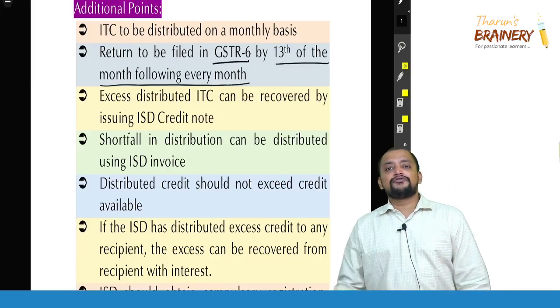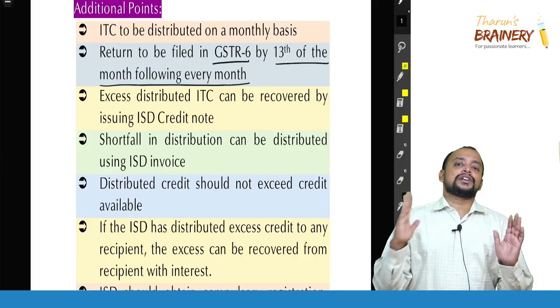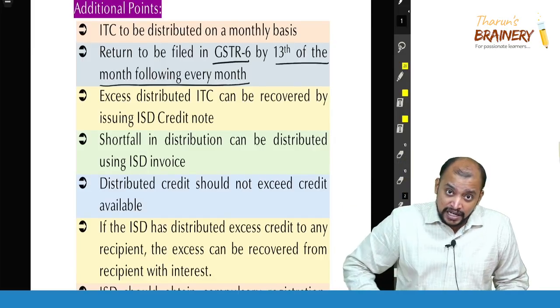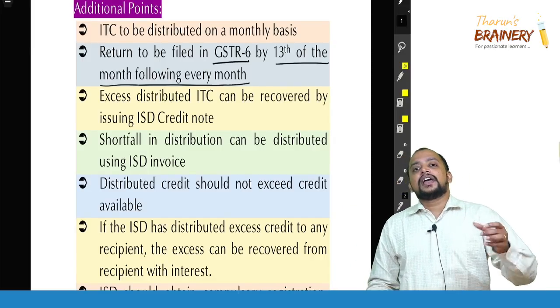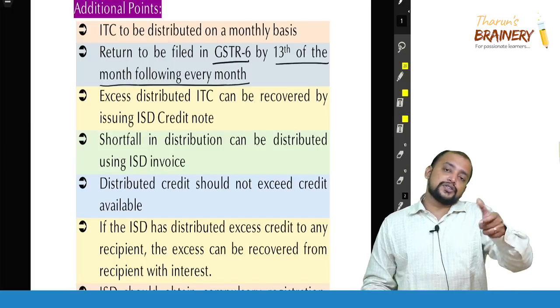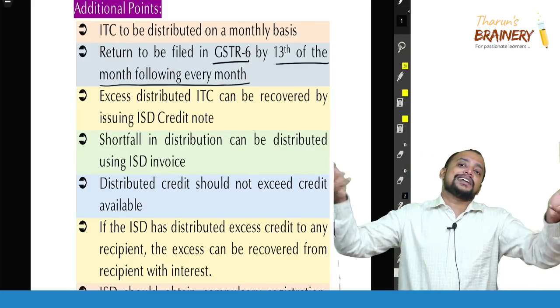For example, 3 branches. To the 3 branches, 10,000, 10,000, 10,000 is distributed. But what is to be distributed is 12,000, 12,000, and 6,000. But instead 10, 10, 10 is distributed.